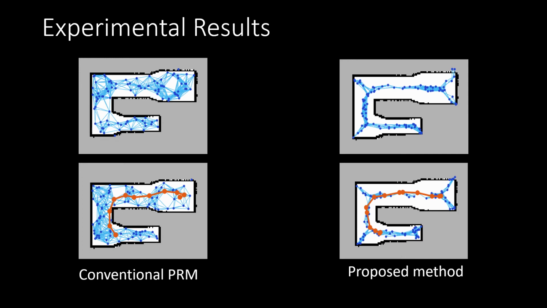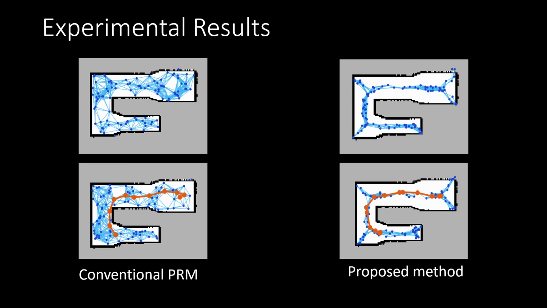Because of that, the roadmap is generated nearer to the obstacle. And when we query for the path, the path tends to find the shortest path and also generates a path that is nearer the obstacle.